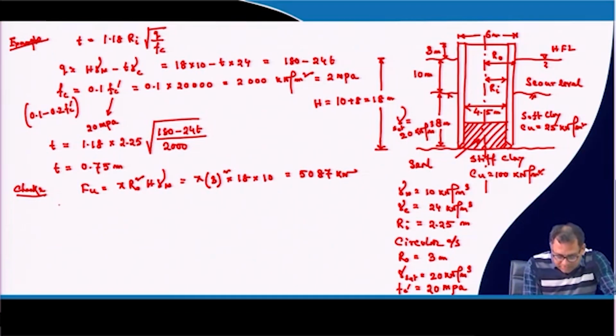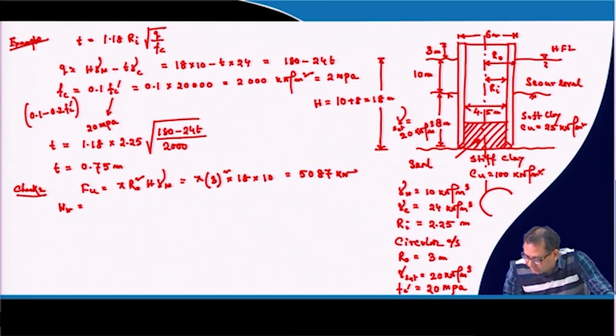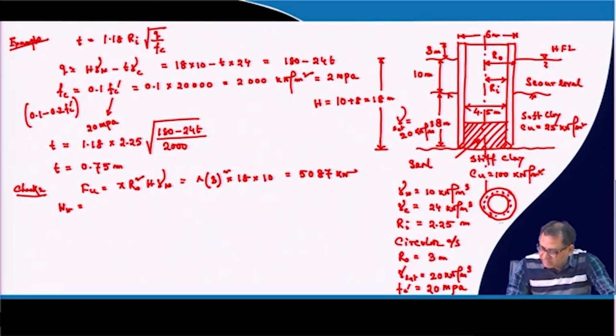At this stage we only consider the weight of the shaft and the seal at the bottom, because no other components are present. The weight of the shaft will be pi by 4 into d o square minus d i square.